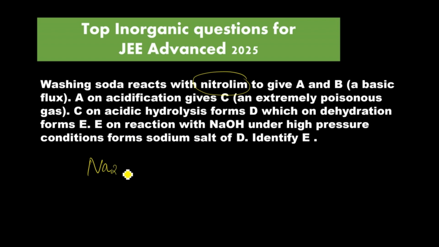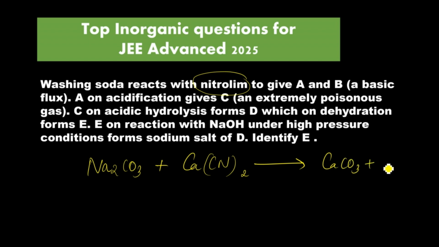Okay, we know about washing soda, sodium carbonate. What is nitrolim? It is calcium cyanamide. Okay, then it will give A and B. So calcium carbonate and NaCN.